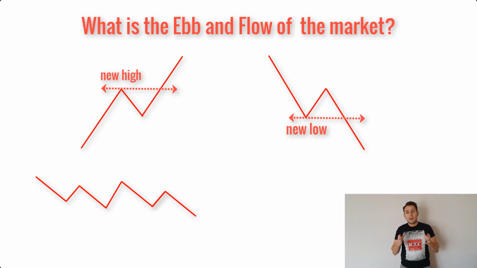So why are the market ebbs and flows so important? Well, this is because if you spot historical ebbs and flows and you spot highs and lows historically, those will help you decide whether the market has a potential turning point at a future structure level, and understanding the flows and ebbs of the market lets you know whether it's going to be a retracement or it might turn around from that point.